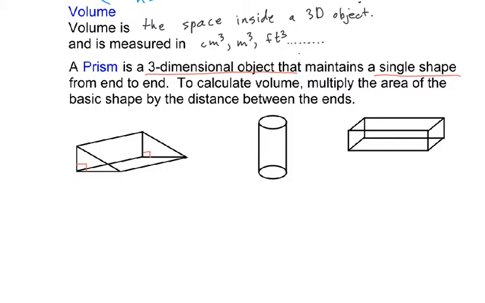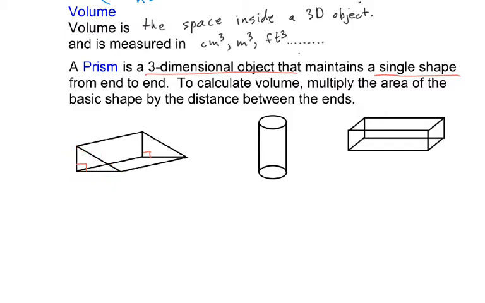So, if I wanted to find the volume of a prism, we would have to do the following. We take a look at the volume of a prism, and we're going to multiply the area of one of the bases of the prism, in this case our triangle.